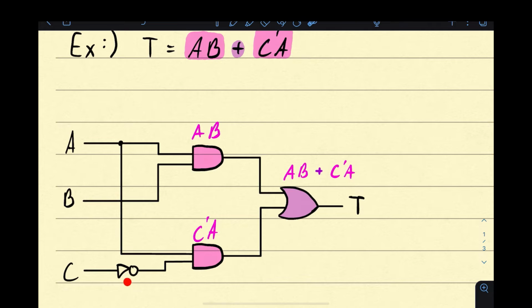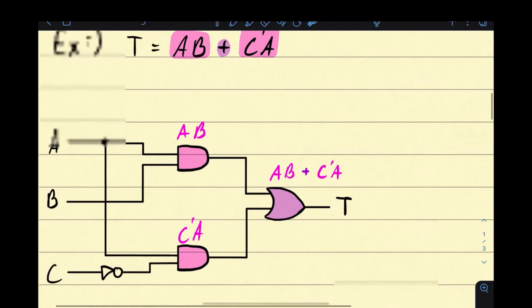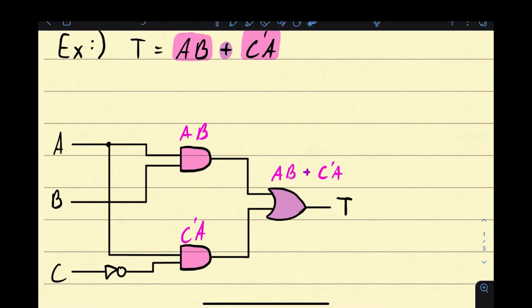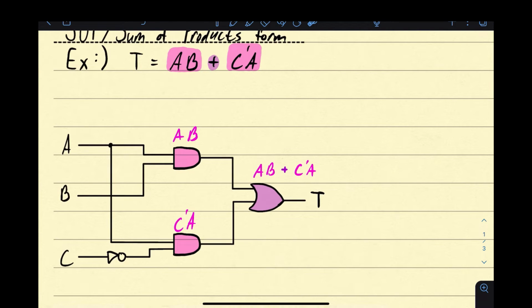And down here I have complement of C being multiplied in this AND gate with A. And then these respective terms are being ORed or added together in this OR gate. So you have A being multiplied with B, added with the term of complement of C being multiplied with A. So similar to just standard algebra that everyone kind of grows up learning.